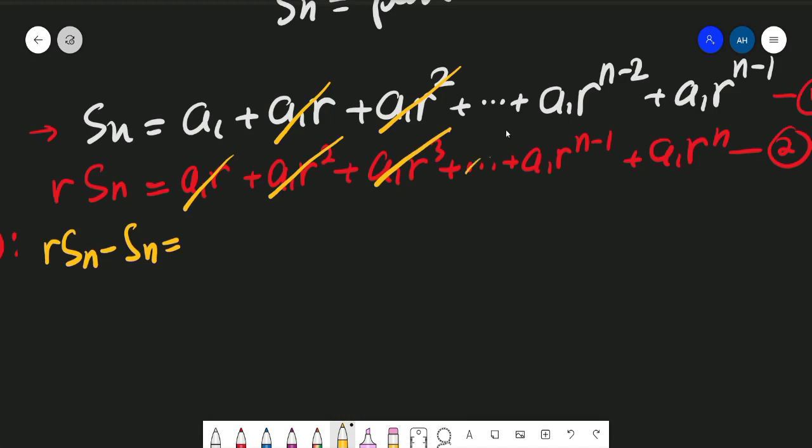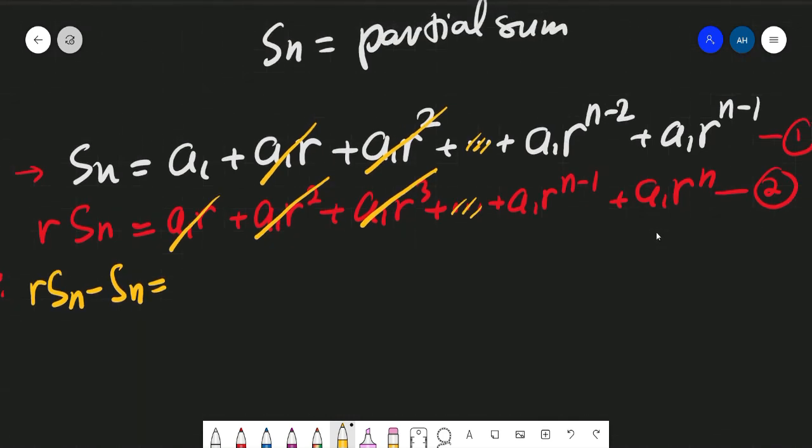All terms here will cancel because they are in both equations, including this one, a1r to the power n minus 1. It also will cancel because we have a1r to the power n minus 2 in equation number 2 too. So this one also will cancel.